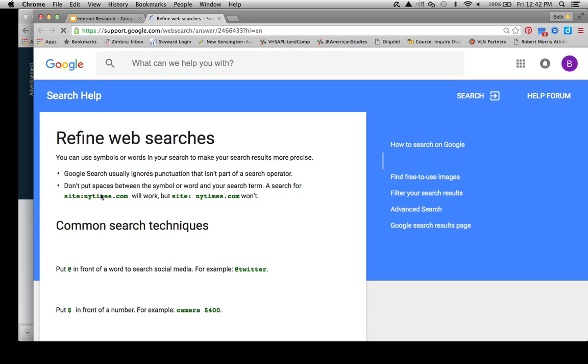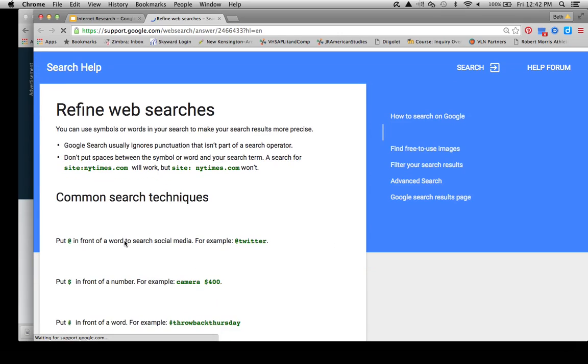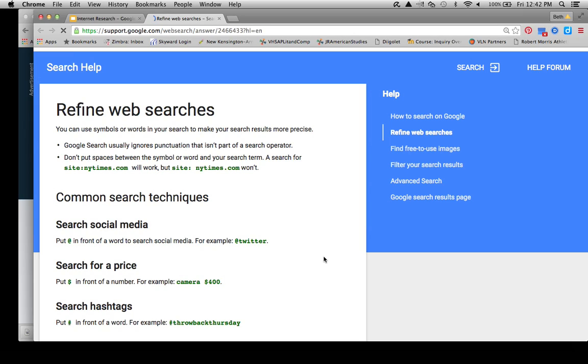So some of these we've already talked about, but they give you some really neat examples. If I put the @ symbol in front, I could search social media. So if I want to search Twitter using Google, I would put the @ in front of the word.